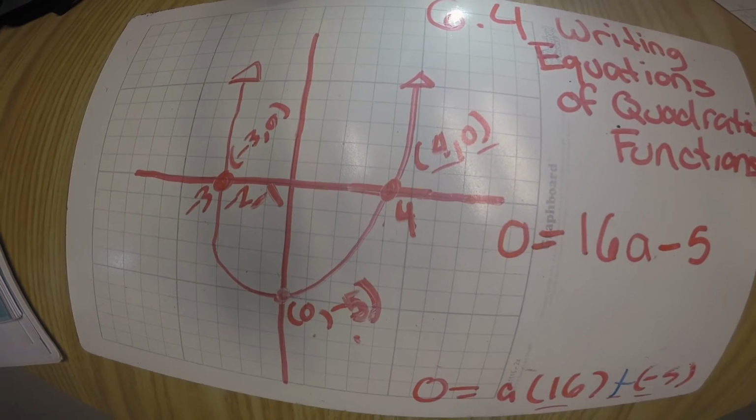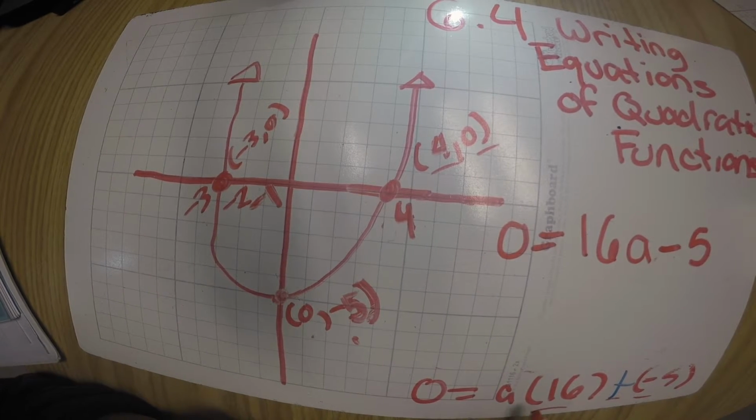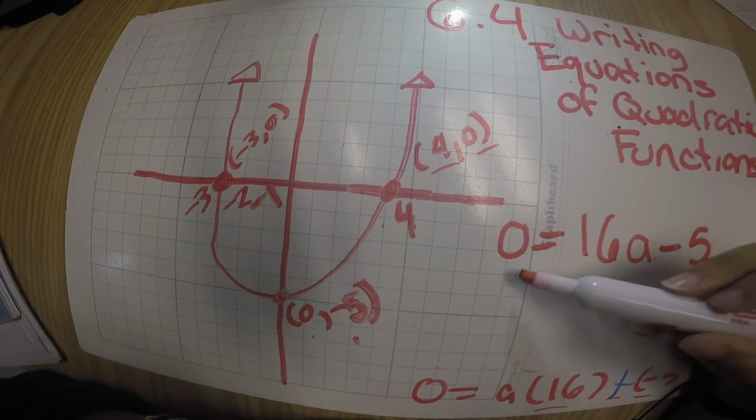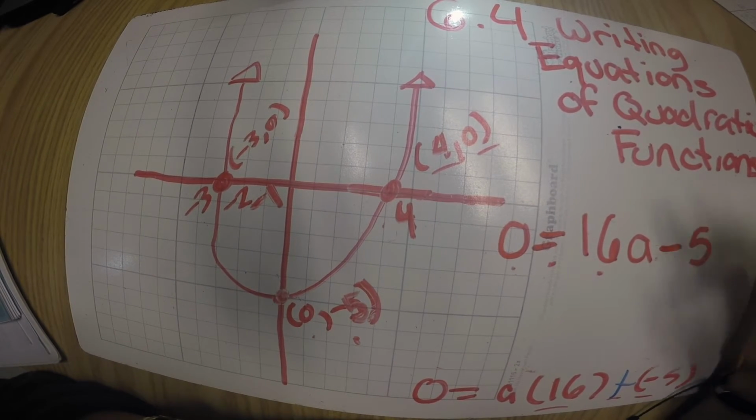Okay, so when you're trying to solve for a, right here on the bottom, I got 0 equals a times 16 plus -5. So I made my new equation, which is 0 equals 16a minus 5.